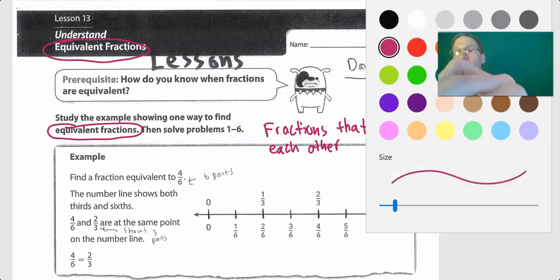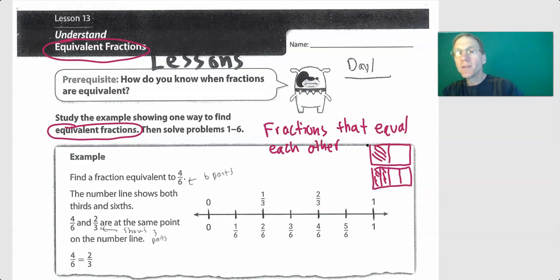So what's happened is I ate one big slice here, and that was half of the pizza. Then I ate two little slices here, and that was also half the pizza. So that's 1/2, and this is 2/4.